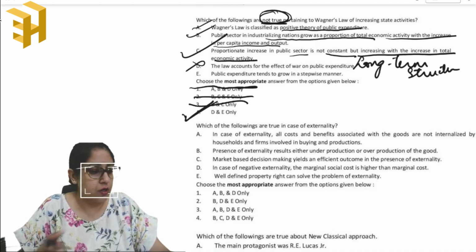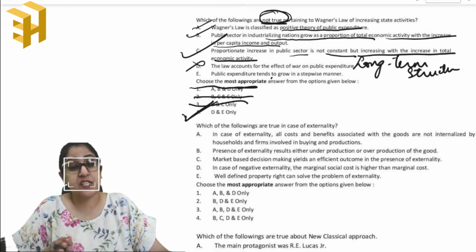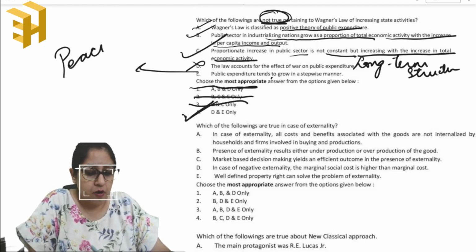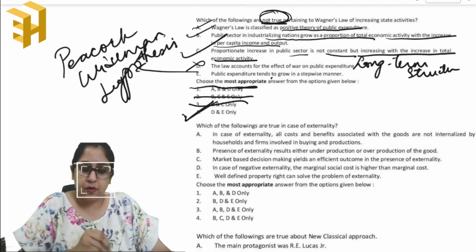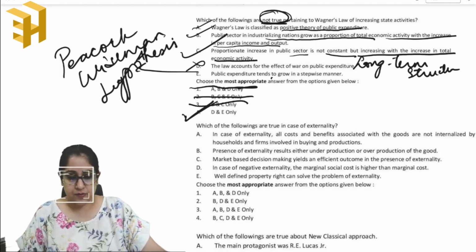Long-term structural growth, right? And public expenditure tends to grow in a stepwise manner. This is the statement by Peacock-Wiseman hypothesis. Okay, and not your Wagner's law. Okay, so fourth is the right answer in this case.